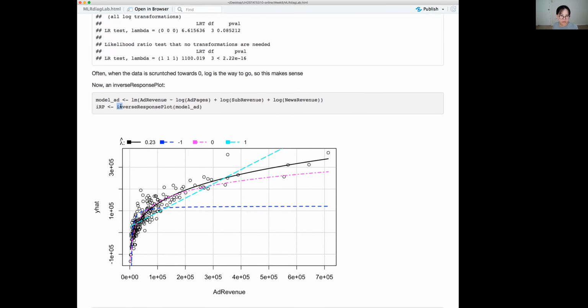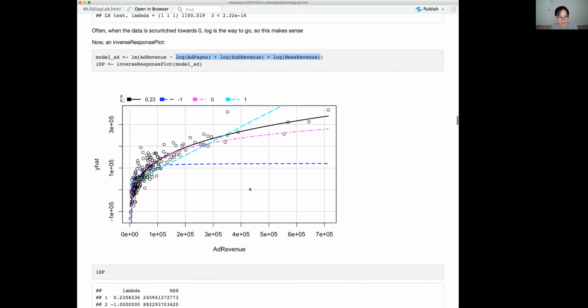The second step for approach 1 is that we do an inverse response plot to see, with the transformed predictors, what we do for the response, the ad revenue.